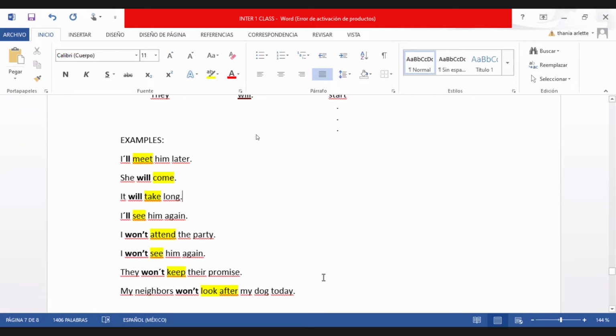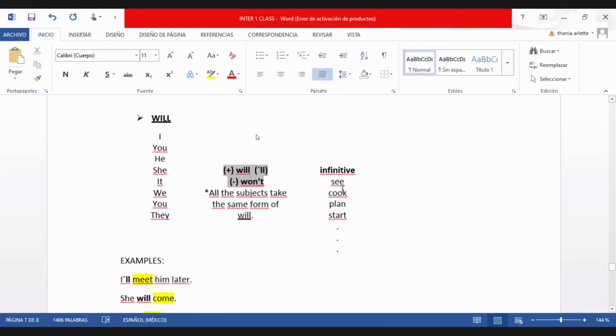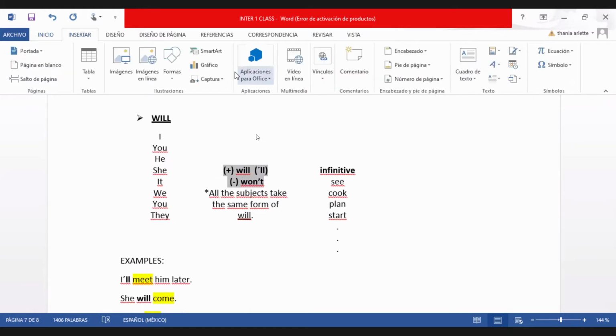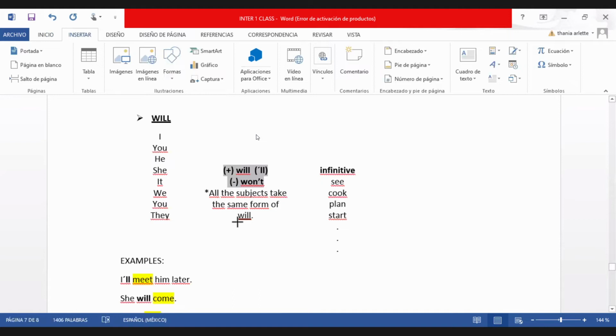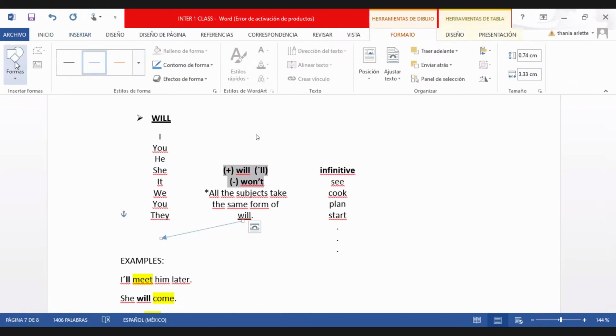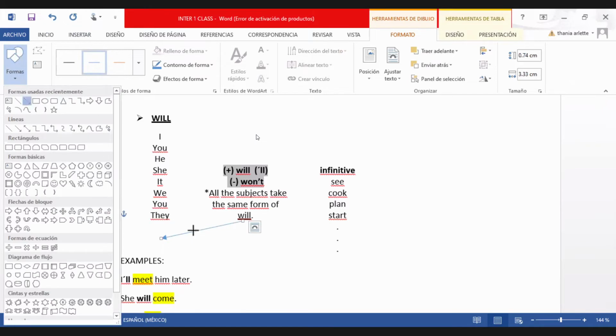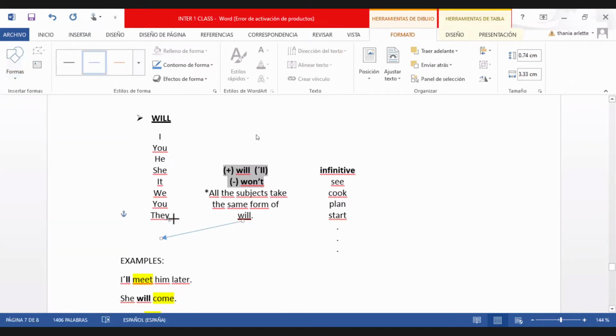And then in the question form, okay, let's see. In the question form, you are going to switch the information. You have to modify the position of the subject and the modal.